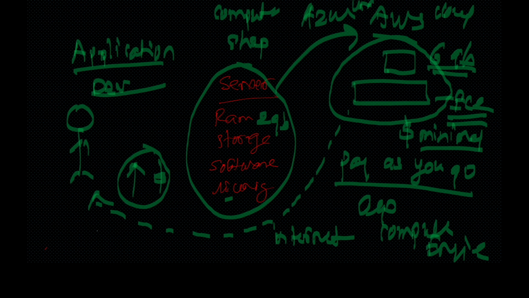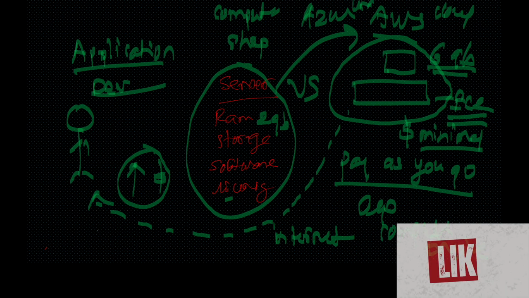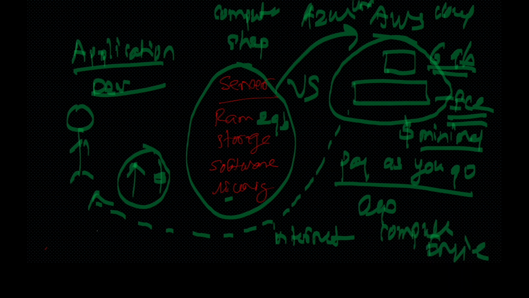It's nothing but converting your physical server into a virtual server, and that's the concept of cloud itself. You get to access your services over the internet. Eventually, the servers are also hosted somewhere physically, but AWS is managing all those servers, all those racks.